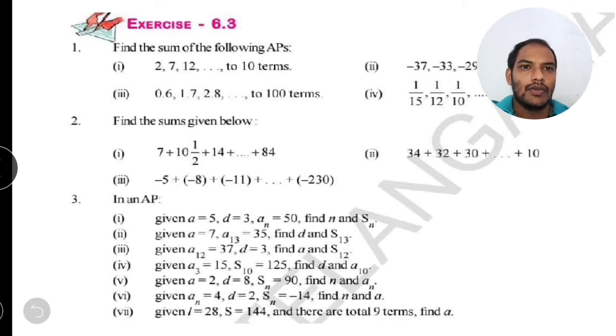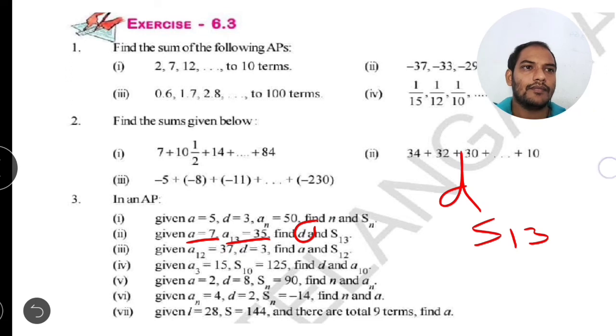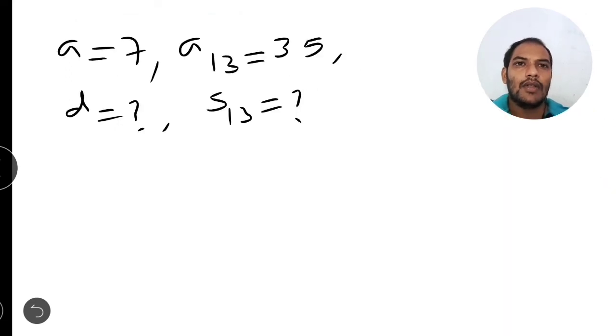Next, second question: given a equals 7, first term equals 7, a13, the 13th term is 35, find the d value and S13, that means the sum of the first 13 terms. So first find the d value.